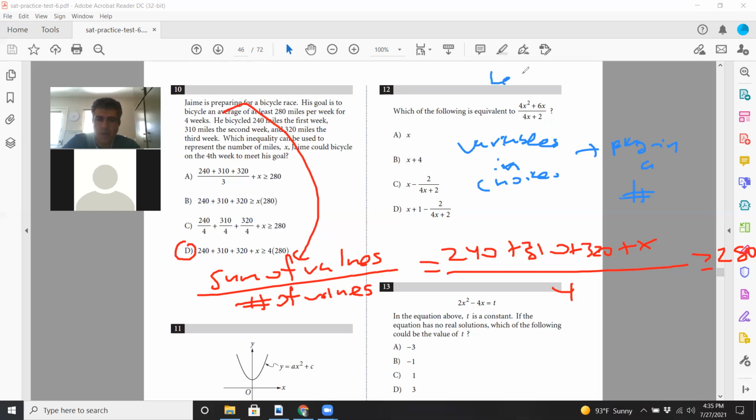So what if we let X equal, say, something like 1? The top will be 4 plus 6. The bottom will be 4 plus 2. 10 over 6 is 5/3. Now you plug 1 into each choice. That's just 1, no good. I want 5/3. That's 5, no good.